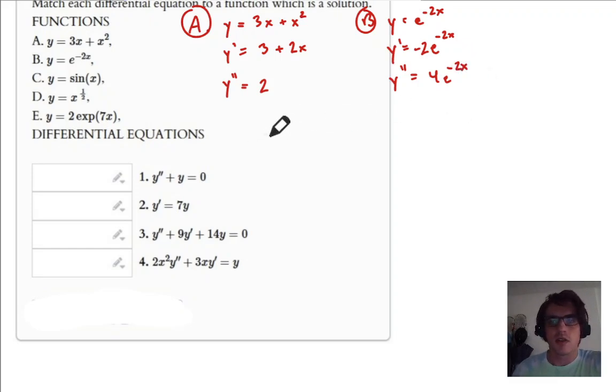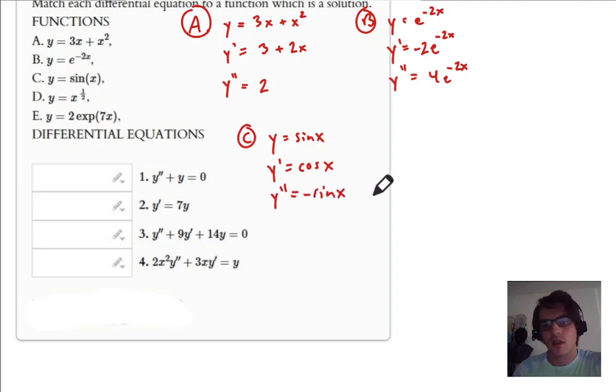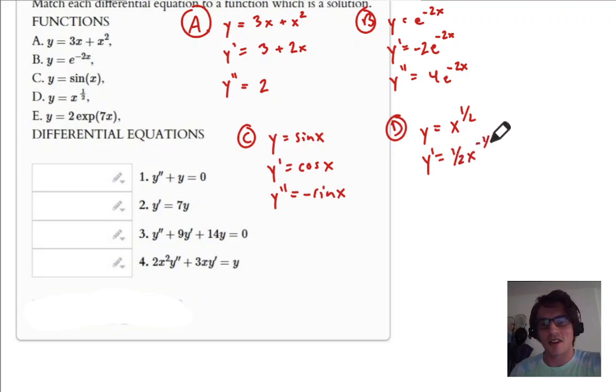Where can I fit C? I think it'll come here. Y equals sine of x, y prime equals cosine of x, y double prime, negative sine x. D, y equals x to the 1/2, just remember that is the square root function. Y prime is 1/2 x to the negative 1/2.